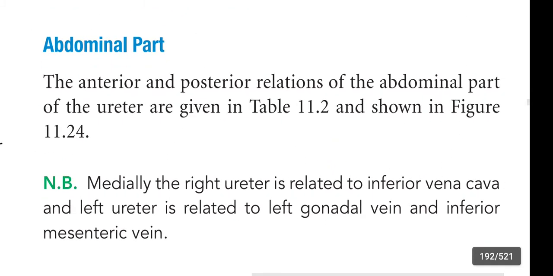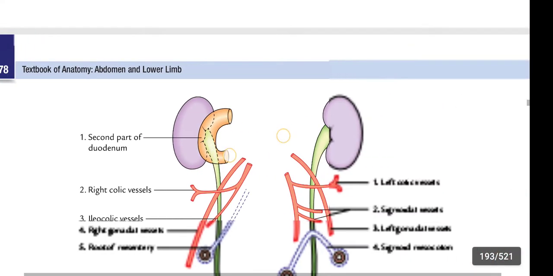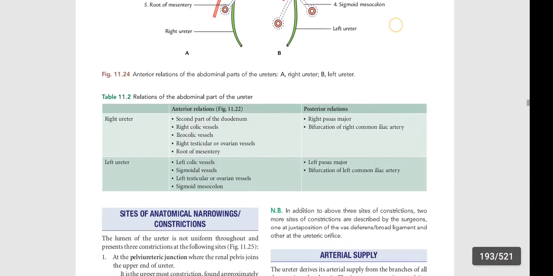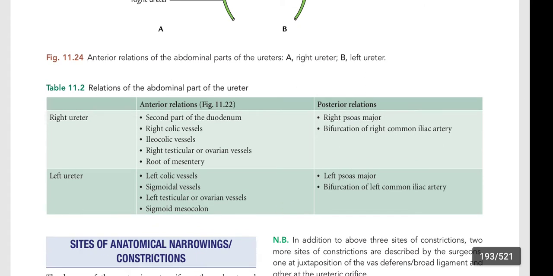First, abdominal part. The anterior and posterior relations of the abdominal part of the ureter are shown in the table. This table shows the relations of the abdominal part of the ureter.